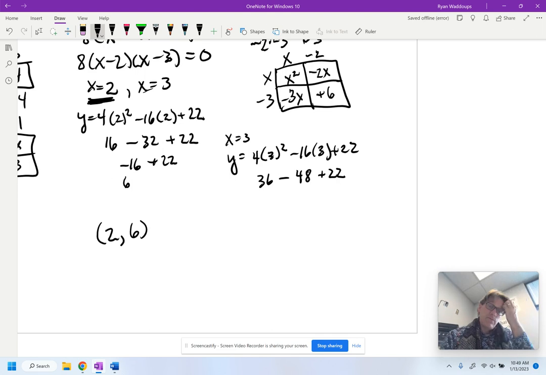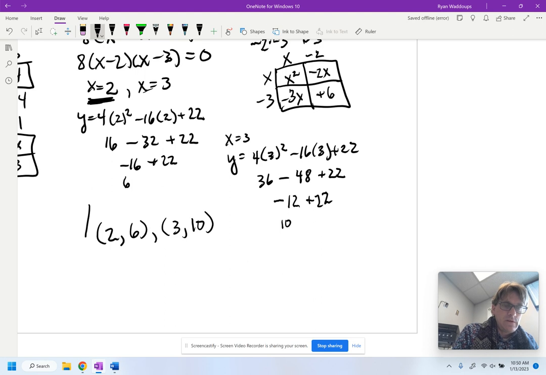And 36 minus 48 would be negative 12 plus 22. And negative 12 plus 22 would be 10. And so the other solution is at 3, 10. And those are the solutions that you're looking for here.